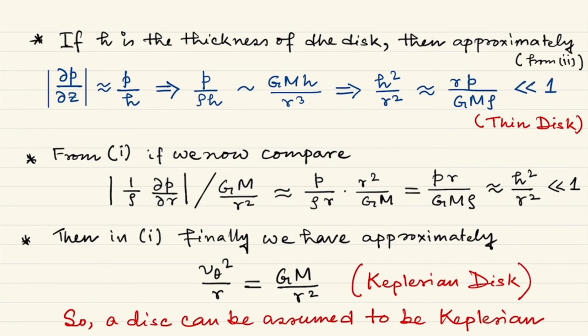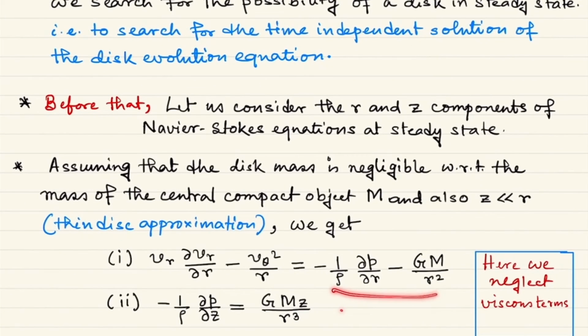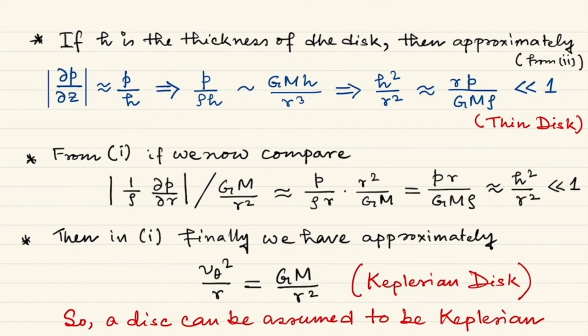Because this is nothing but H square by R square, and H square by R square is very less than 1 by thin disk approximation. Now from 1 we can compare two terms. In 1 we have two terms on the right hand side. One is the pressure gradient force, another is the gravitational force.